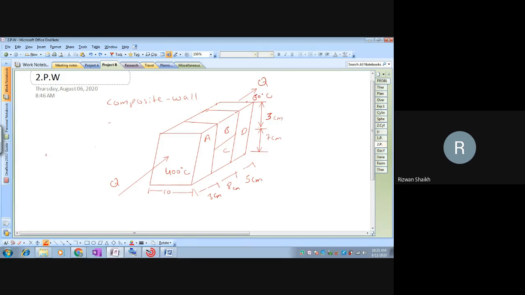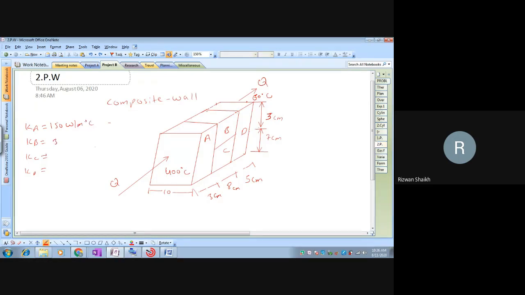Is it clear? So we have two surface temperatures, the thickness of each layer, and the length and breadth of the composite wall. They have also given the thermal conductivity: Ka for layer A, Kb for layer B, Kc, and Kd. Ka is 150 watt per meter degree Celsius.